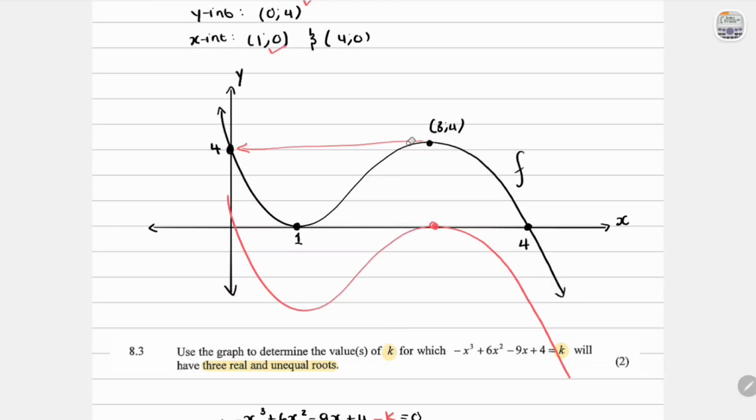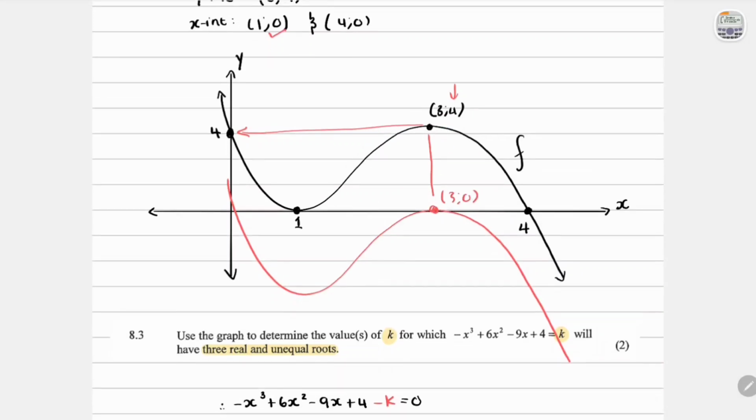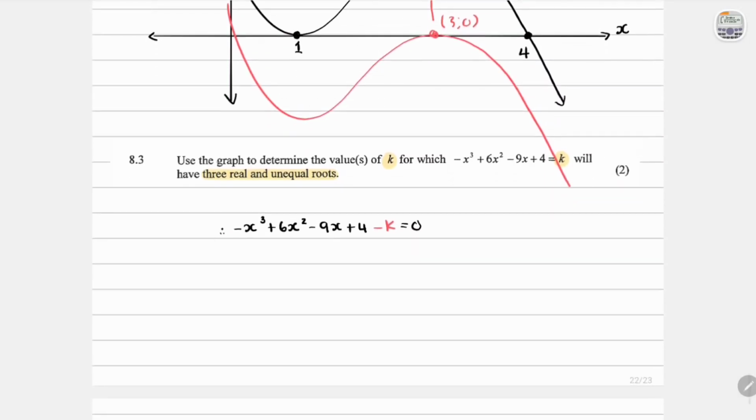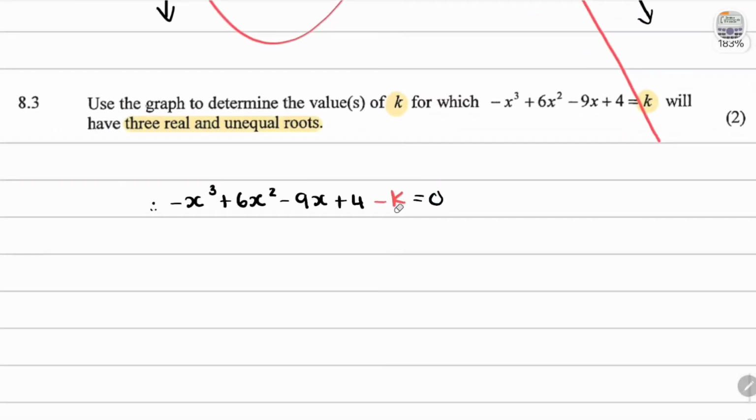So it used to be at 4, and we need to push it down until that y value is at 0, because this will be 3 and 0. So we need to move it anything more than 0 units, but no more than 4 units down. Take into account it's moving down, but our k here is already negative, which already accounts for a downward shift.